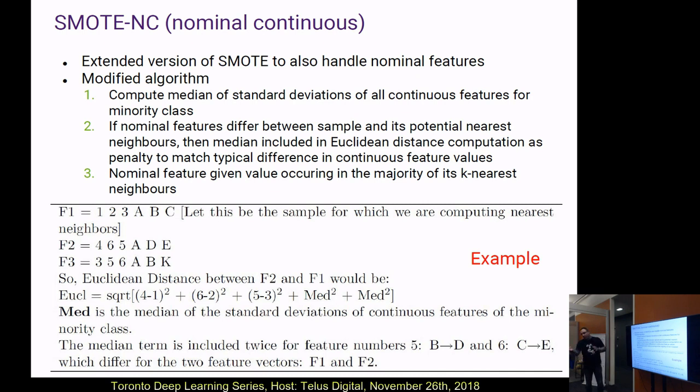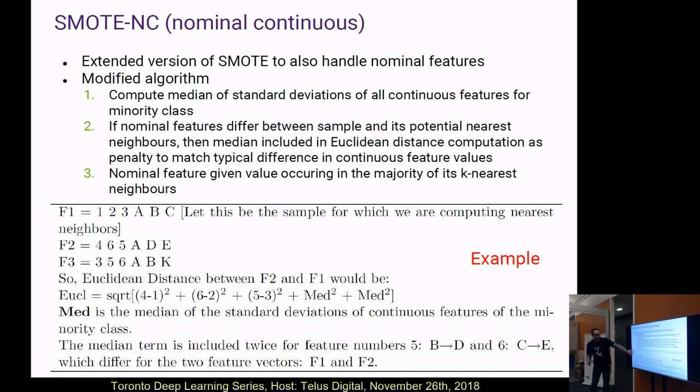They do, which I'll mention later, provide alternatives which you may prefer to use, but this is how it works. And then in order to determine what that synthetic data point is for a nominal feature, they use the majority of the k-nearest neighbors instead.